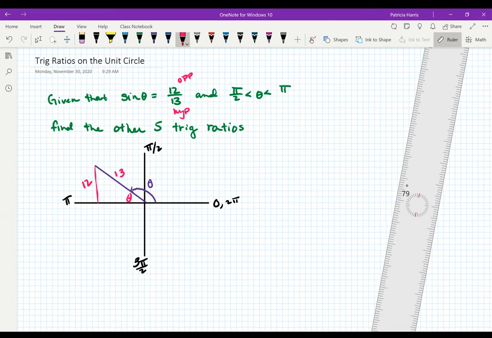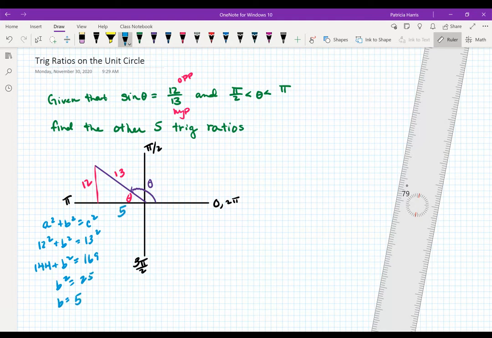So using my old buddy Pythagoras, I can find that my missing leg is 5. Now, since I'm on the left side of the x-axis, I'm on the negative side, so it's actually -5.